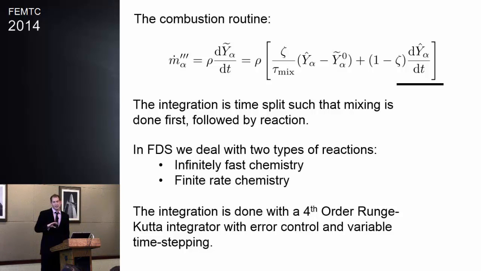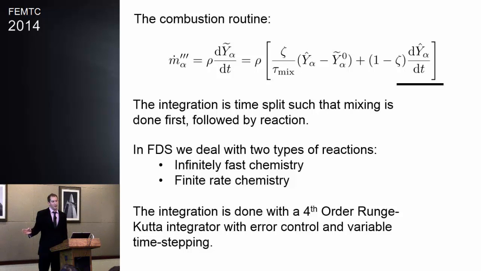The nice thing is that we spent a lot of time writing an integrator to handle seamlessly the infinitely fast chemistry and the finite rate chemistry. With the finite rate chemistry, we have a fourth order integrator with error control and variable time stepping. Essentially, this means that you can dial in the error tolerance that you're willing to accept for your integration of the finite rate chemistry.